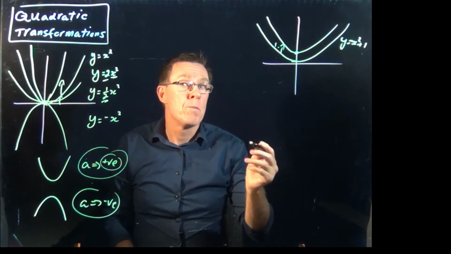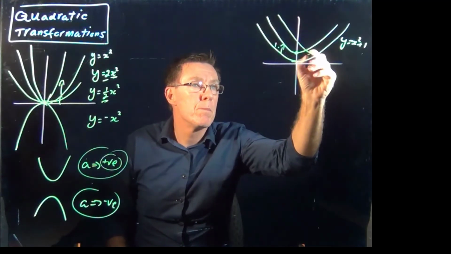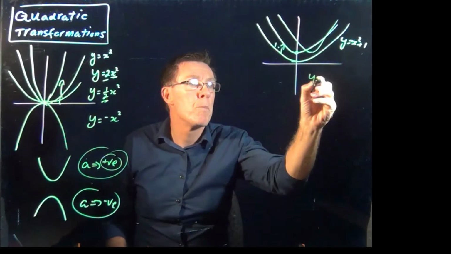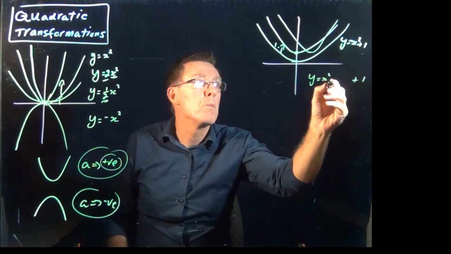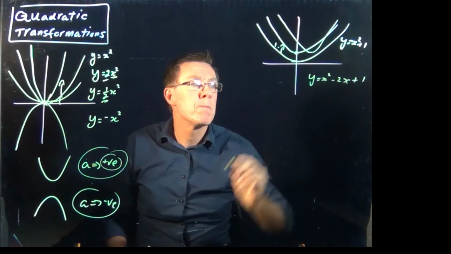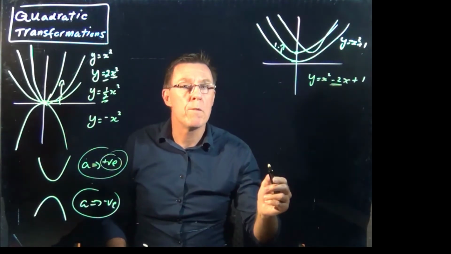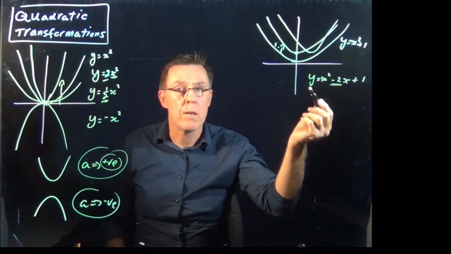I can also move it to the side. I could shift it over like that by plus 1 moves that way. I could put that in there, for example, and that would have the effect of shifting it to the side. It actually interacts with the a value.